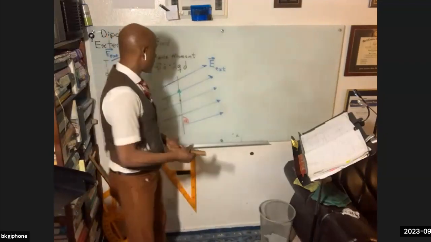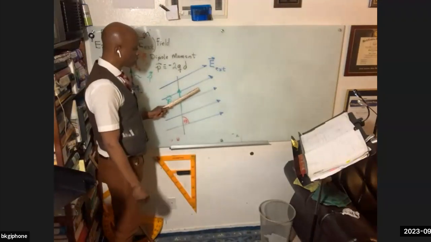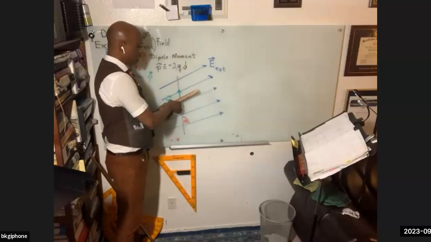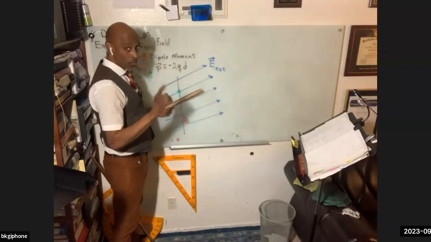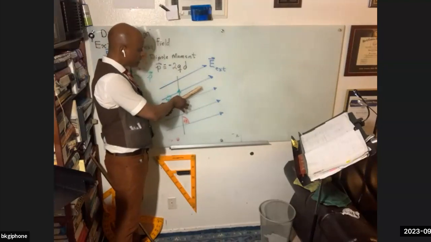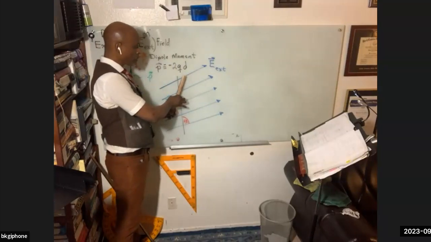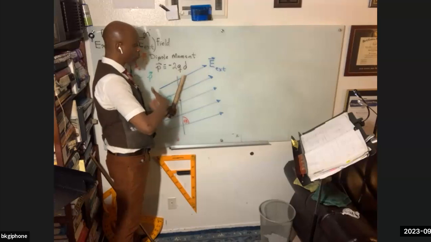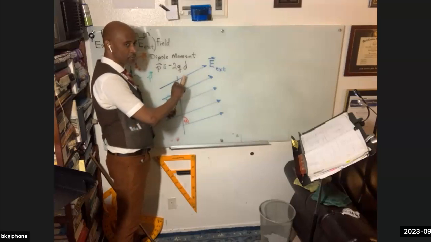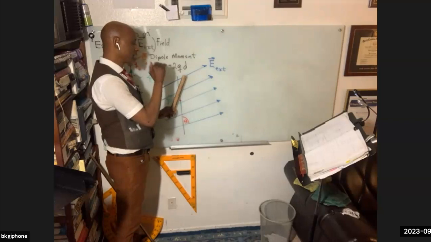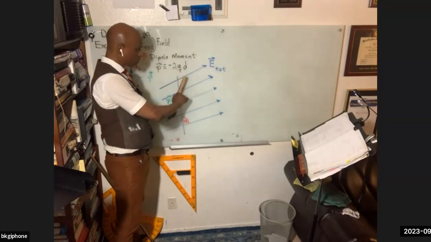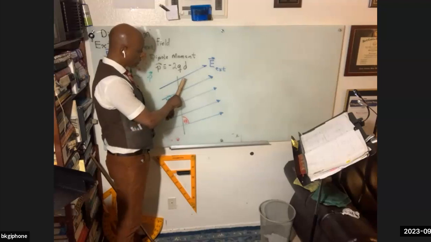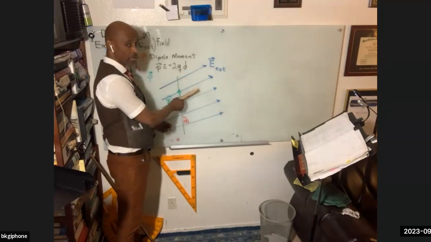So when I expose this dipole to an external electric field, I create a situation where I can do work on it by displacing it from its equilibrium. And then when I let it go, it's at rest initially, but the work that I've done by displacing it through some angular displacement is now potential energy in the dipole moment, and it will try to fall back to its equilibrium position or rotate back.